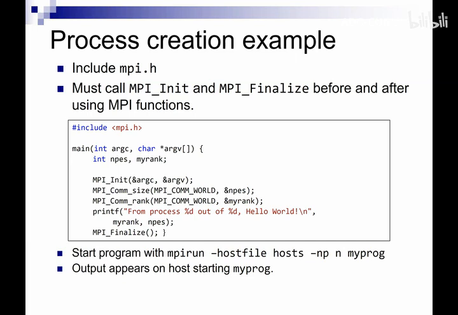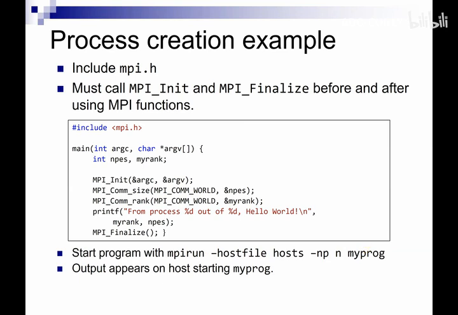You have multiple computers, and you can list those computers in the host file, and then that will run the MPI program on those computers as long as you have permission to them. And then this np option here specifies how many processes you want to create. So for example, you might want to run 8 processes. And this myprog is just the program that you created over here.